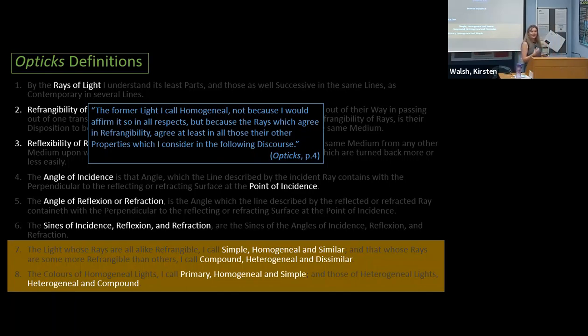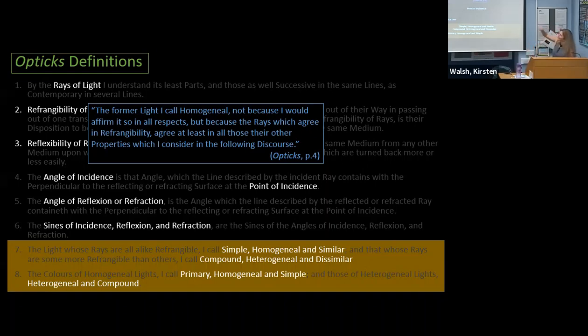You can get simple homogeneal yellow light, which is light that, after it's been broken down, after it's been separated out, just has its property yellow. But then he also thinks that you can create yellow light by mixing other light together, combining it together. So he thinks that you can get compound yellow light and simple yellow light. And so he's distinguished between these two things, and he's just given us these as definitions.